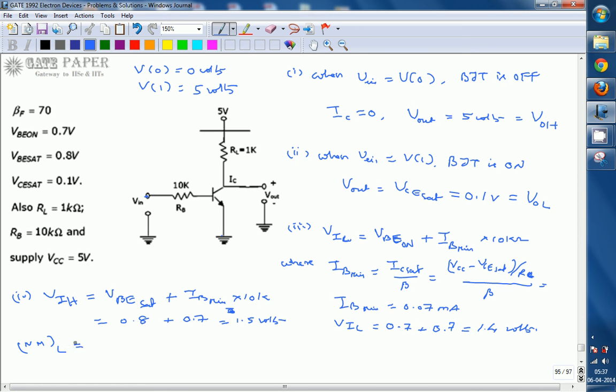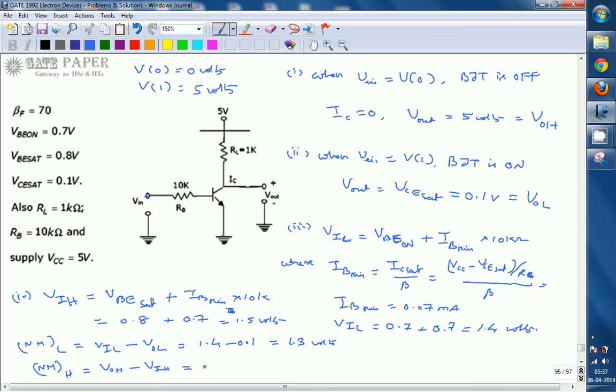So from these four things we can write the noise margin for low level is equal to VIL minus VOL. VIL is equal to 1.4 volts minus VOL is 0.1, that is 1.3 volts. And the noise margin for high level is equal to VOH minus VIH.